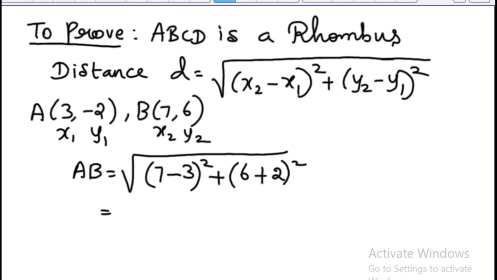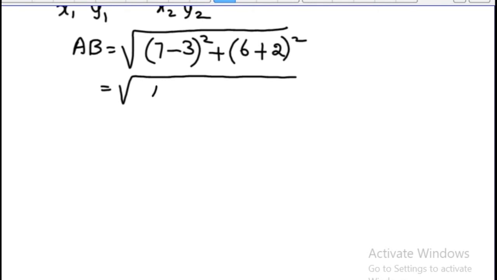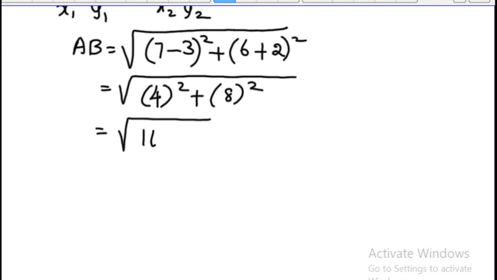Therefore root of 7 minus 3 means you will get 4, 4 square plus 6 plus 2 you will get 8, 8 square. Therefore 4 square is 16 and 8 square is 64. 64 plus 16 you will get 80. Root 80. This is the value of AB.